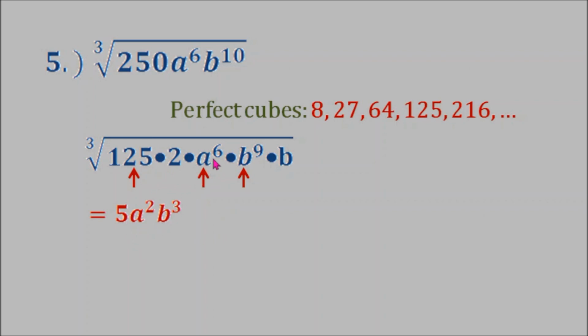Cube root of a to the power of 6 is a to the power of 2 because 6 divided by 3 is 2. Then cube root of b to the power of 9 is b to the power of 3, since 9 divided by 3 is 3. And then this 2 and b stay inside the cube root sign. So we have the answer 5a squared b cubed cube root of 2b.